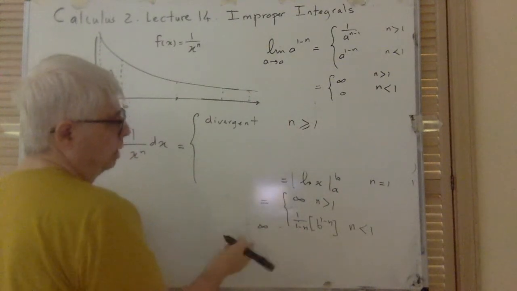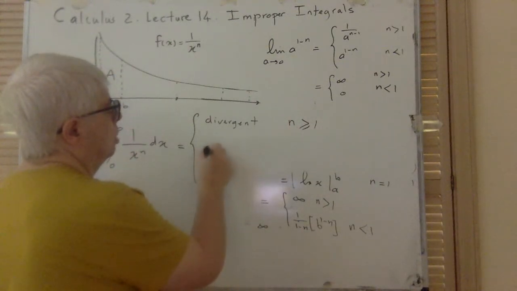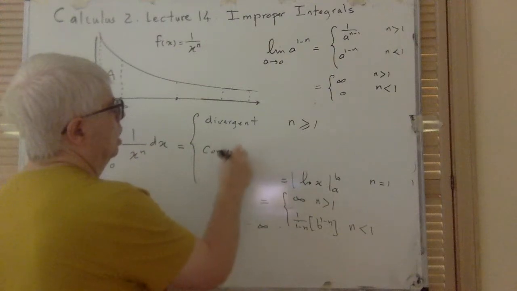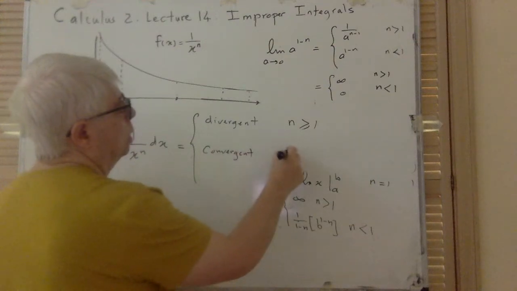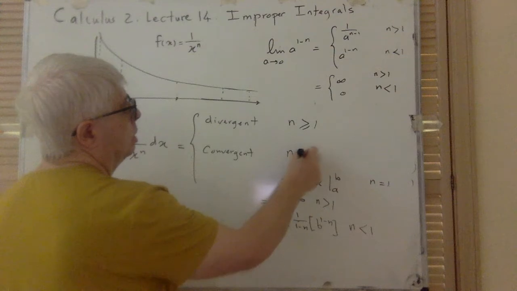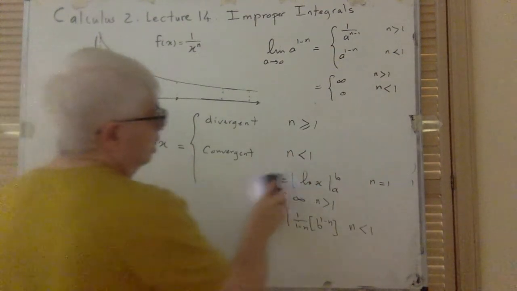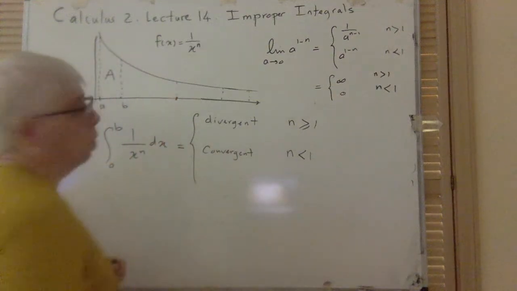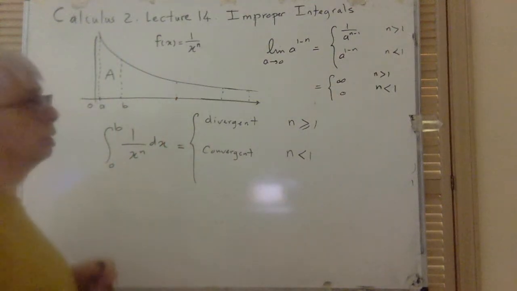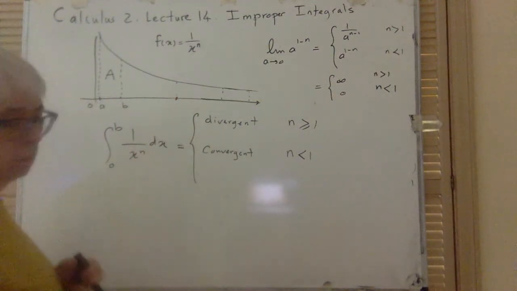You see, for ln it was also, and convergent when n is less than 1. Okay, so as you see, it is the opposite, which makes sense. It is the opposite of the other one.